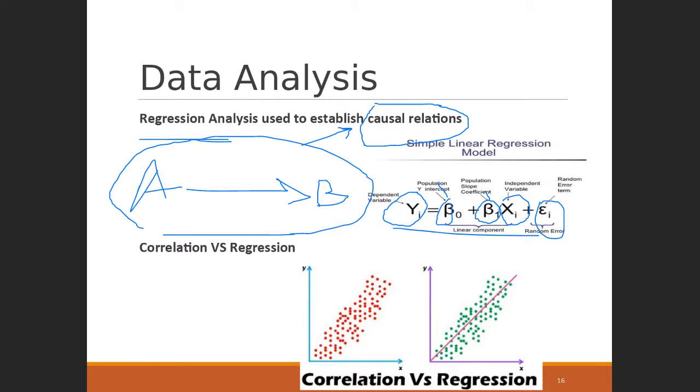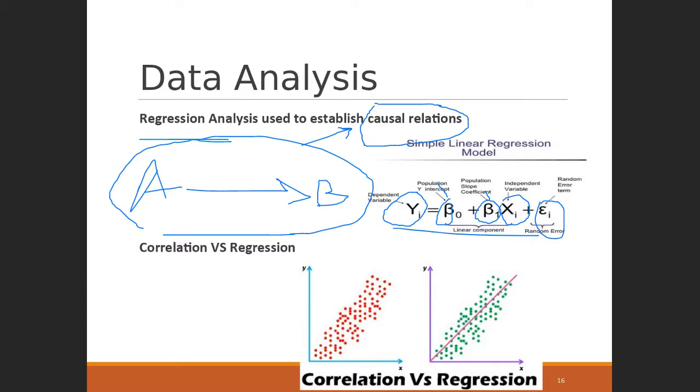We have used a cause and effect research design, most of us, I think all of us. So it means that for testing such hypotheses, we need regression analysis. So this is a very important statistical tool for you.